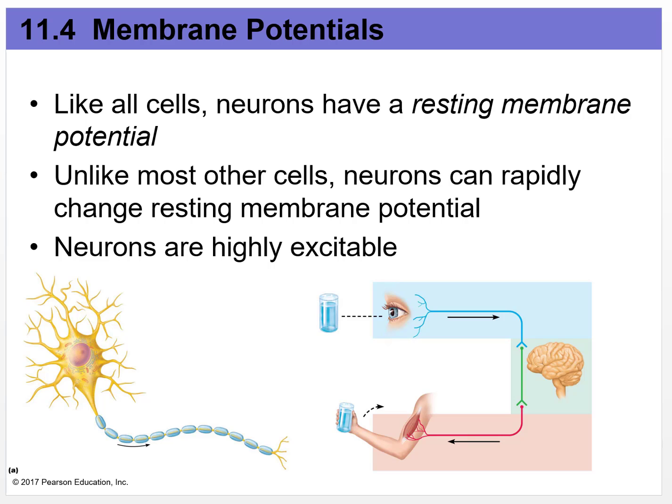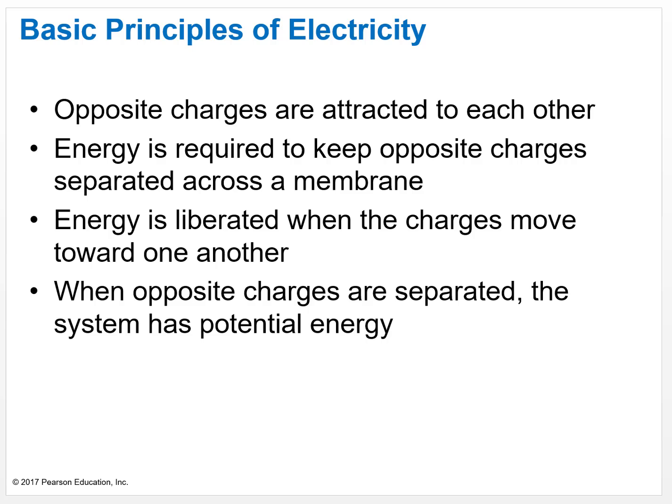All right, so let's talk about that excitability, that electrical stimulus that these cells have. Basic principles of electricity. All right, opposite charges are attracted to each other. Opposites attract. Everybody knows you have a negative, you have a positive. They want to get together to cancel out. All right, we have a membrane that's going to separate these charges and sometimes let them get together and sometimes not.